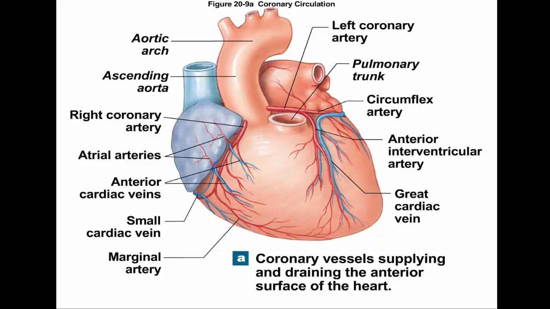And you can see here that on the outside surface of the heart, we've got the arteries that are leaving the base of the aorta, just above where the valves are. And that's where the oxygen-rich blood supply comes from for the heart. And of course, the veins will be draining blood back into the right atrium.